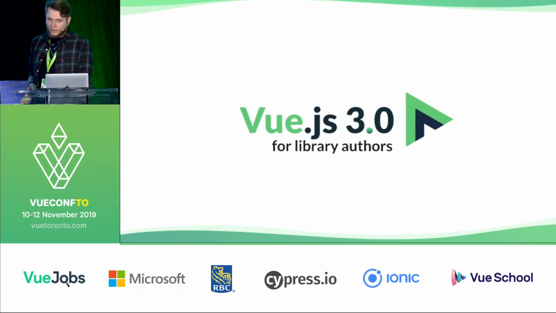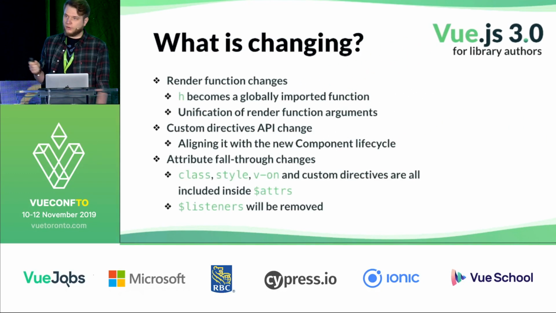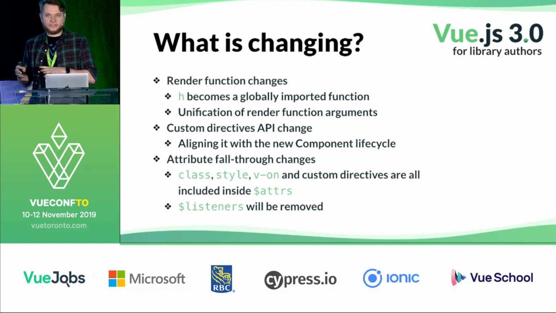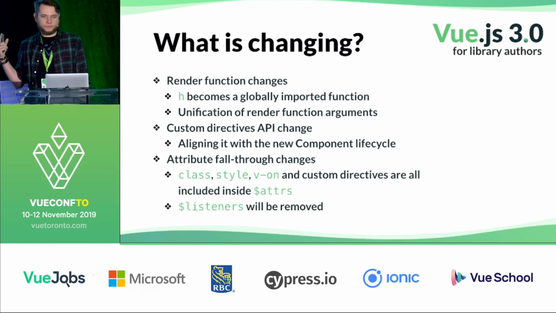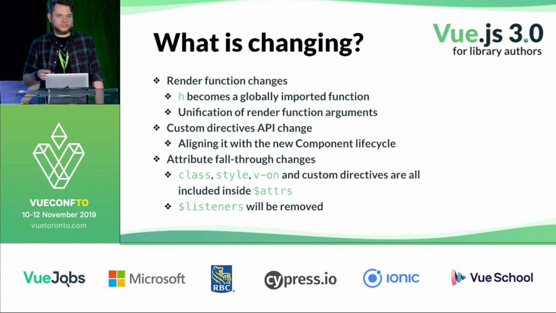So, Vue.js 3 for library authors. What's changing? First of all, those changes are more directed towards library authors because most app developers aren't building things that use those elements directly, like render functions.